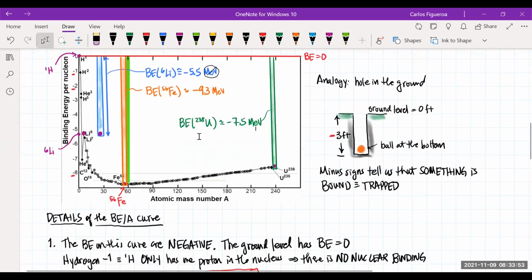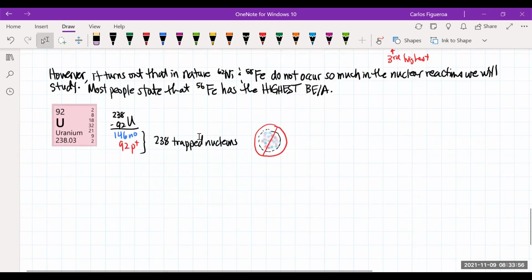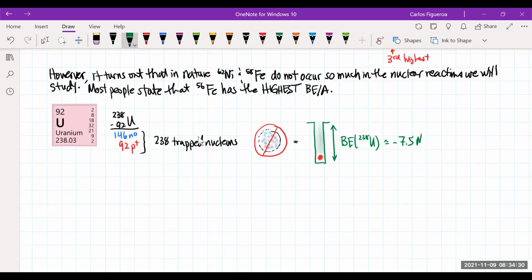So that's what it says. So the question is, how do we draw a picture of the nucleus? We don't draw it like this. We redraw this in such a way where we say, okay, this is a better picture of the nucleus right here, because it takes my nucleon and it traps it into this well. And how deep is this well? Well, for 238, a nucleon is about minus 7.5 MeVs.